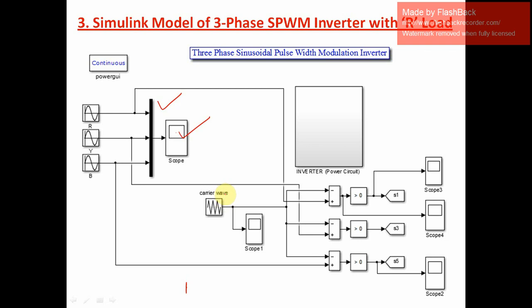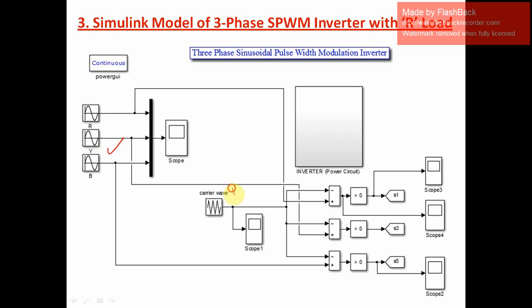And then this is important, we are generating the carrier waveform here, and we have to insert some values here to generate the carrier waveform of the desired frequency. So all these RYB sinusoidal waveforms are of 50 hertz frequency, the fundamental frequency, right?